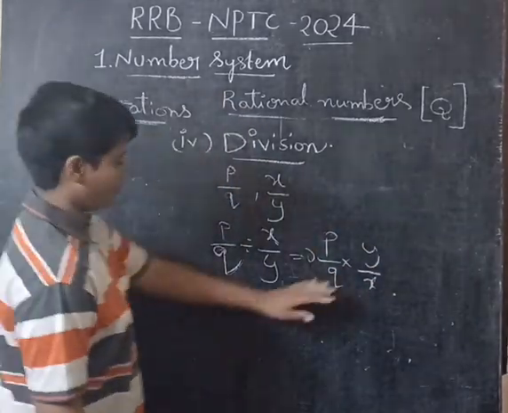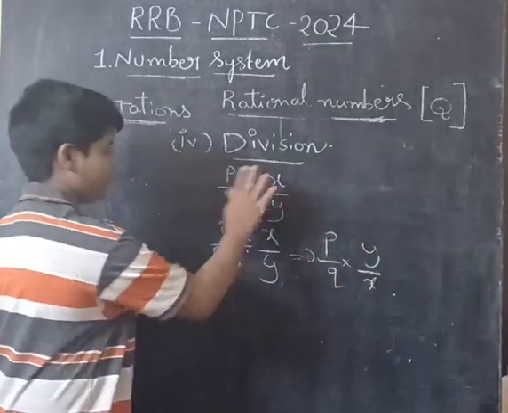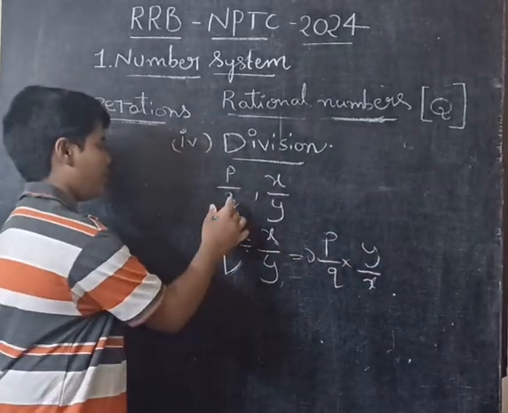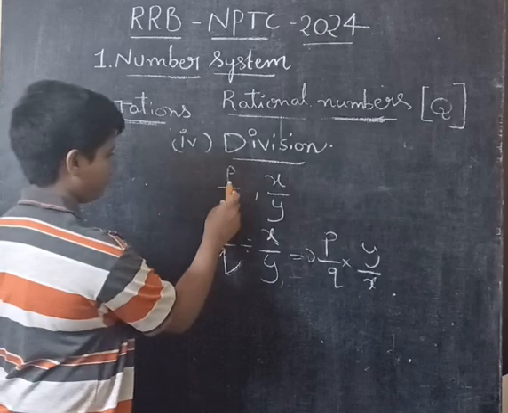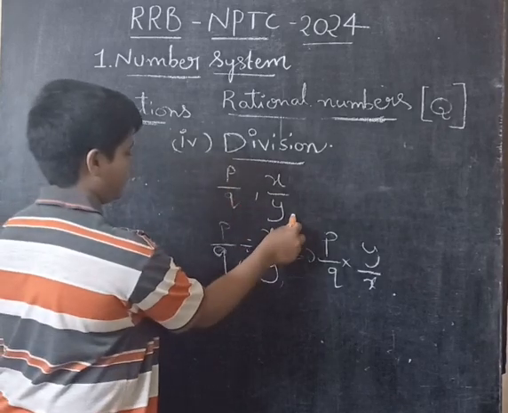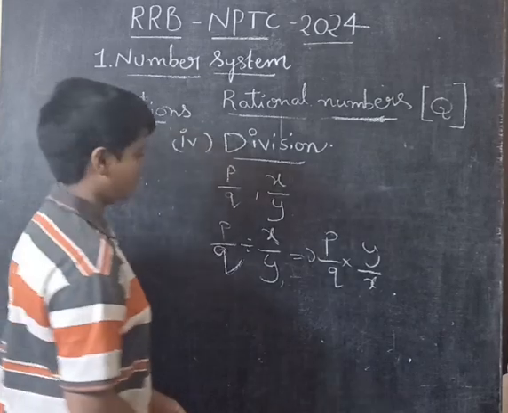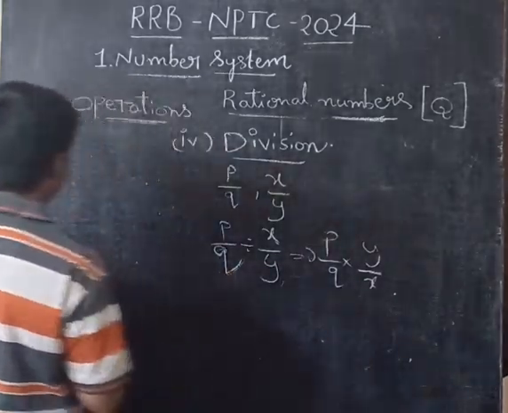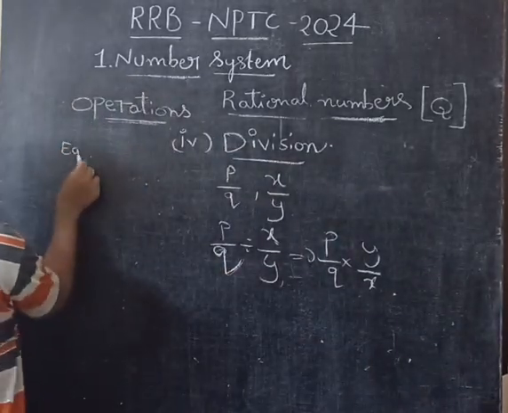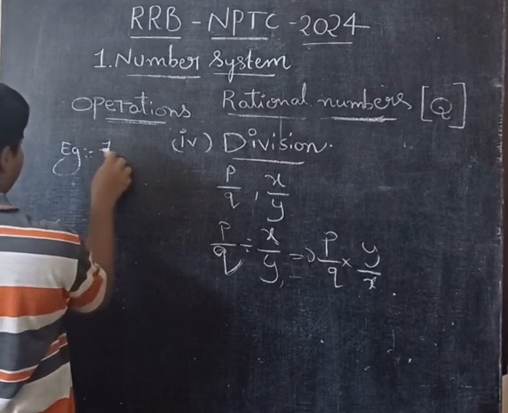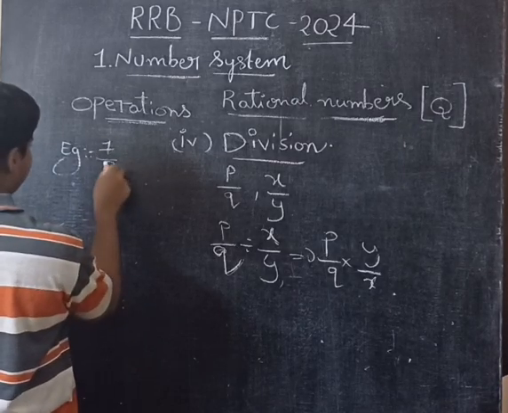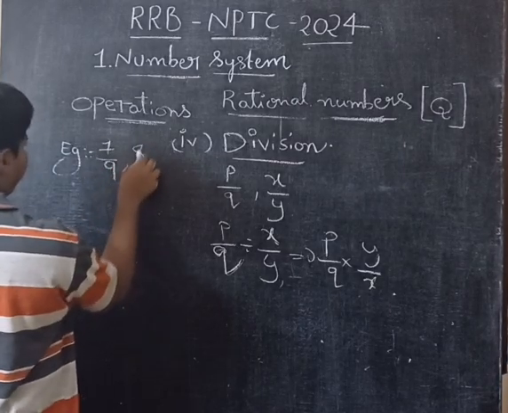So we can say that the division is the product of this rational number and the multiplicative reciprocal of the other rational number. If you see one example, 7 by 9 and 8 by 3.